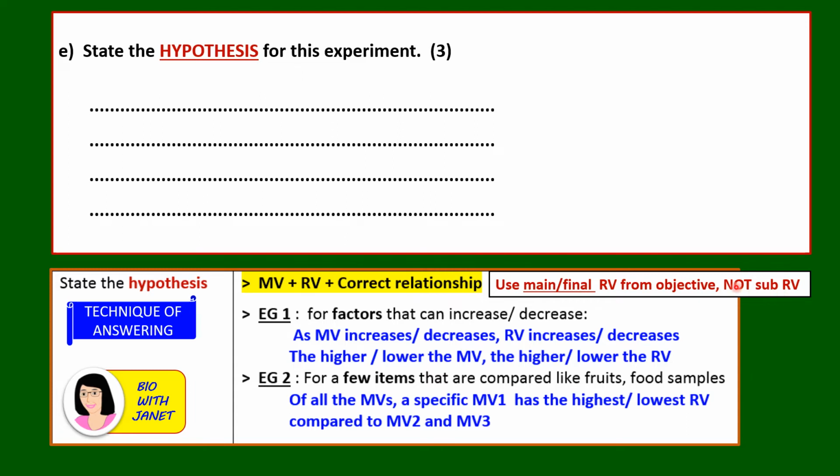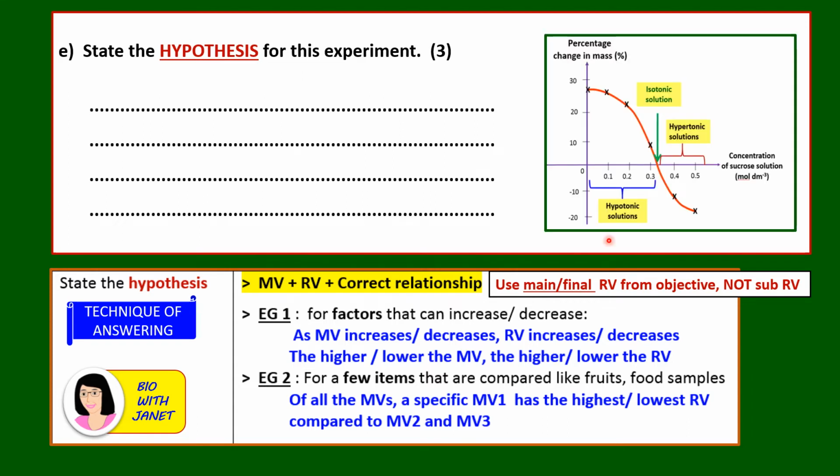But you also have a main or final RV, which you calculate from the sub-RV, and that is your percentage change in mass of the potato strip, like in this graph. This is the graph that we discussed just now. So for hypothesis, it is better to use the main or final RV rather than the sub-RV.